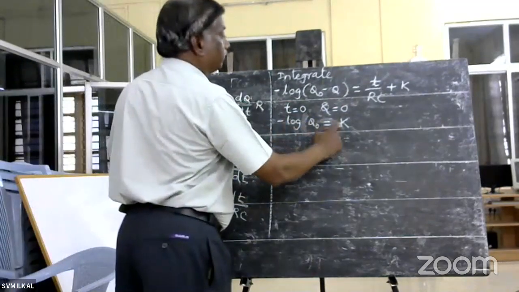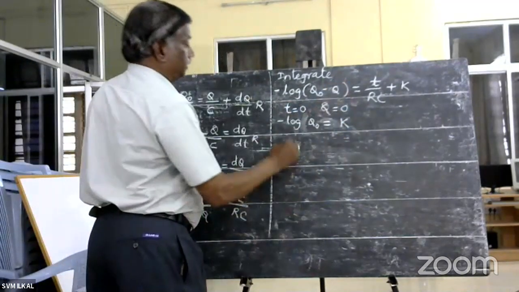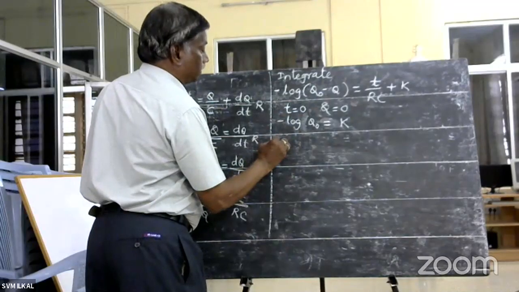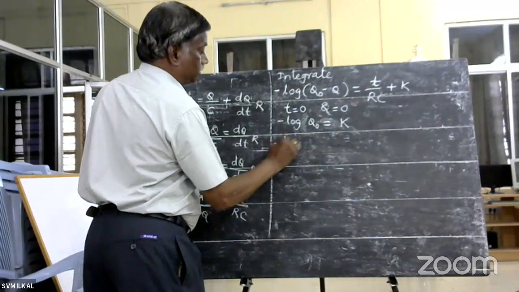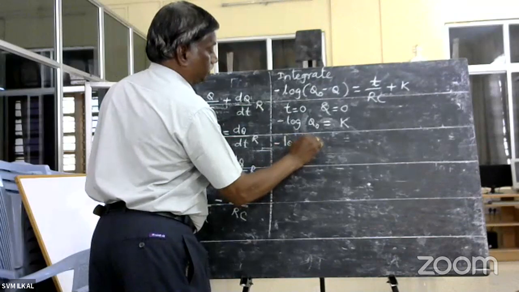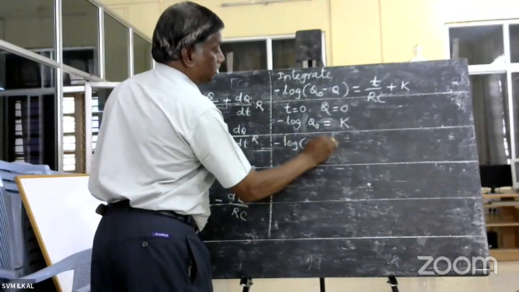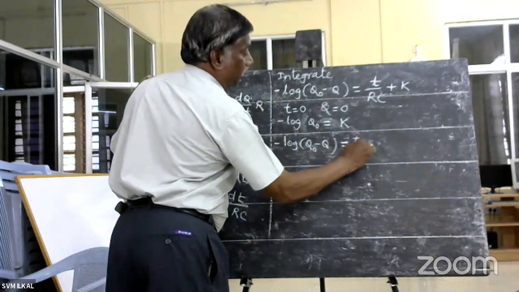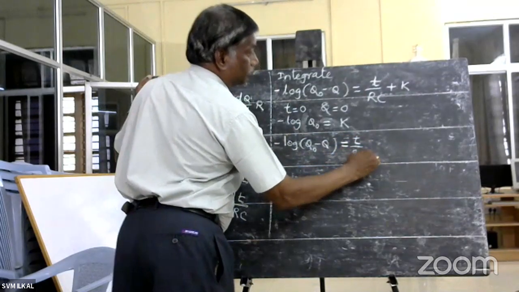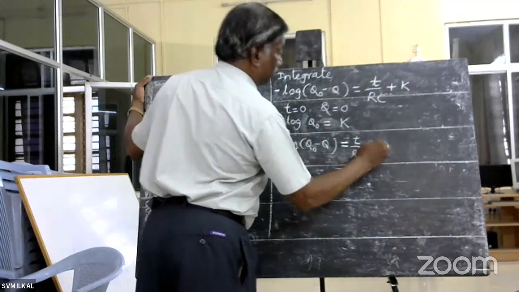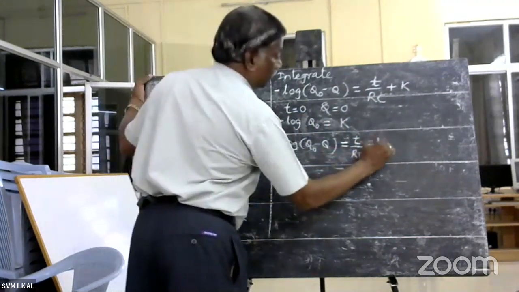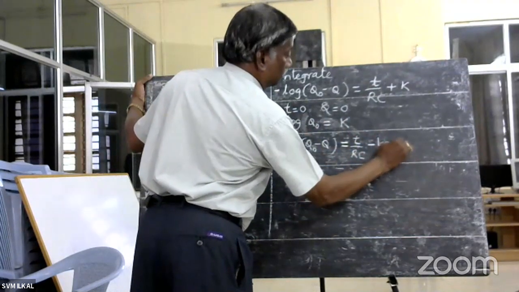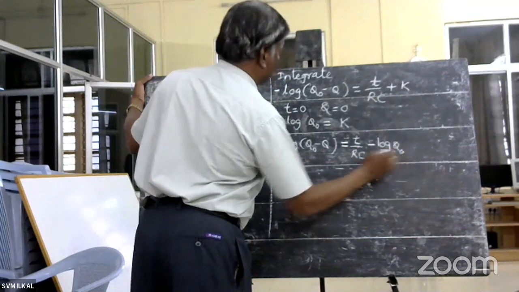Now, substitute this value of K in the above equation. That is, the above equation becomes: minus log of (Q naught minus Q) is equal to t by RC plus K, where the K value is minus log of Q naught to the base e.